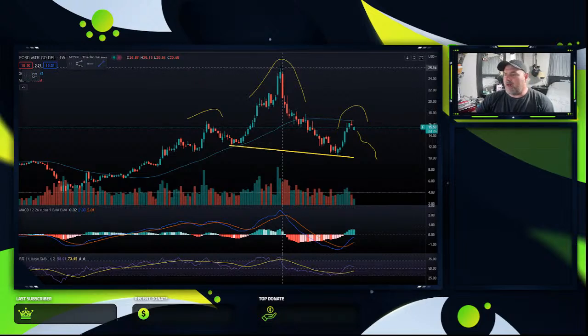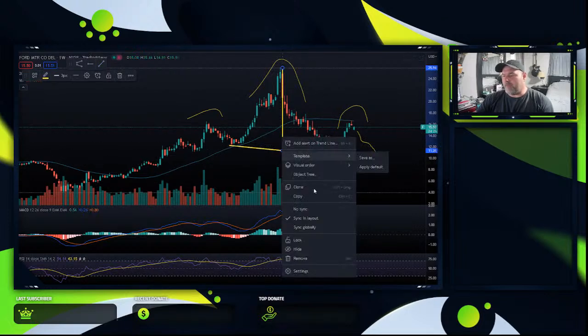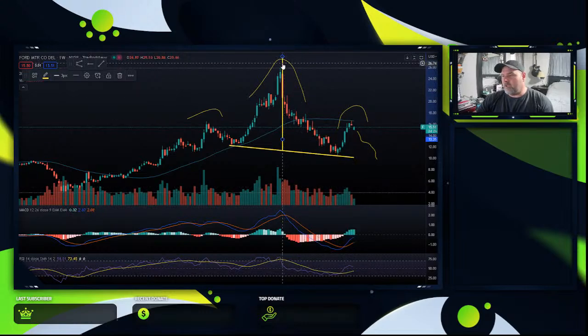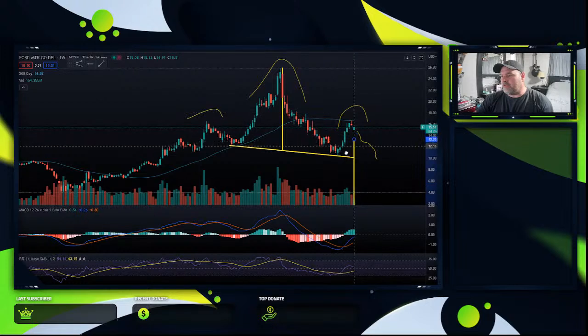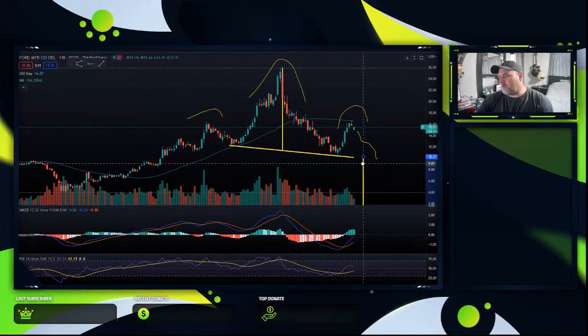We're going to go with the top of the head straight down to the neckline. Okay. Then I'm going to copy that, clone it, and then what you'll do is move that to the breakout, wherever your breakout tends to be, which would be somewhere right around there.